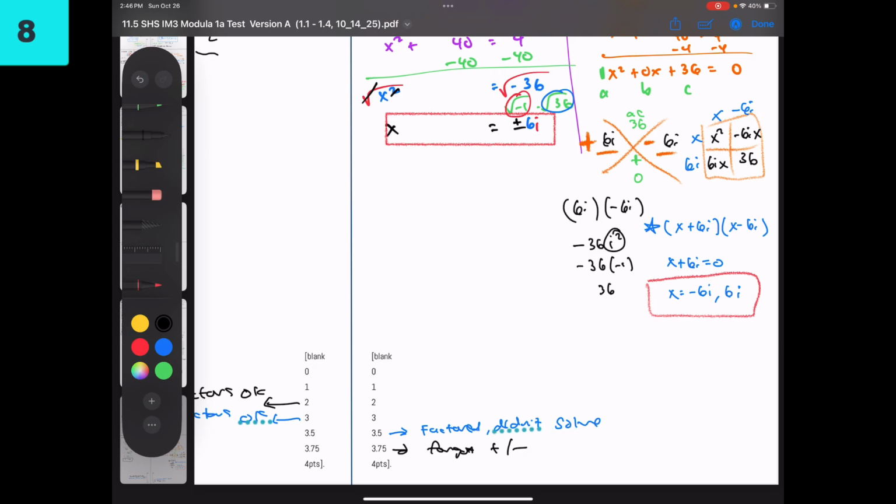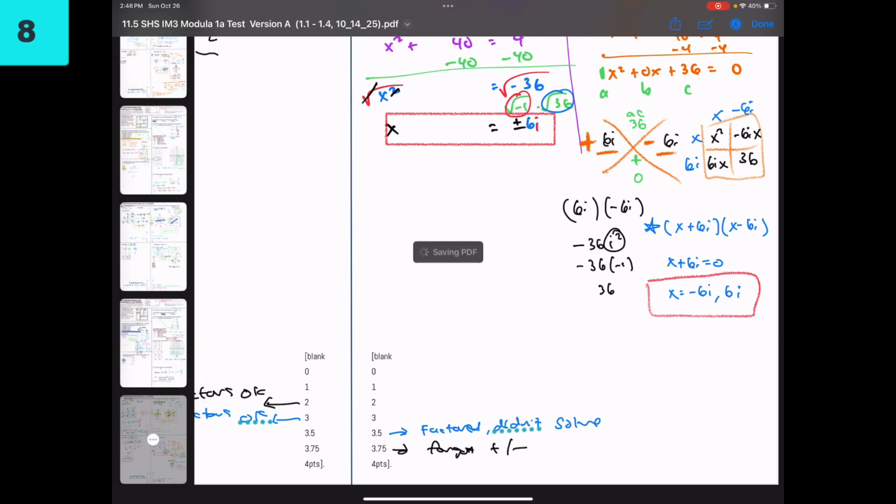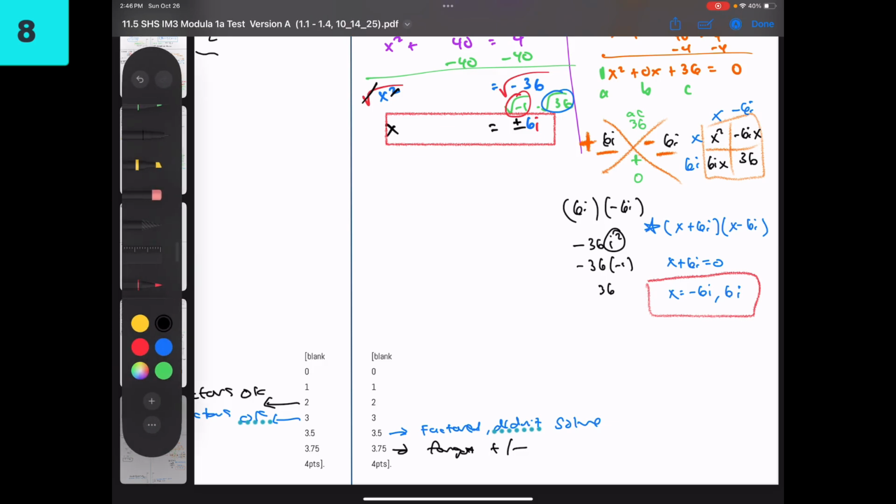I don't think anyone got this one, but three points if your x is correct, but the box and everything else is wrong. Some people were able to get 3.75, and you may have gotten a decimal. Actually, we don't need that for that problem.